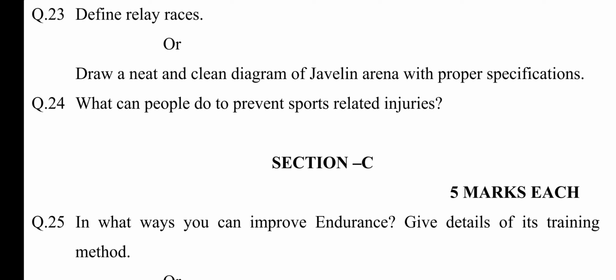The two most usual relay races are 4 into 100 meter and 4 into 400 meter. The baton must be carried in the hand throughout the race. If the baton is dropped, it must be picked up by the same athlete who dropped it. Dropping the baton shall not result in disqualification, except in another lane.